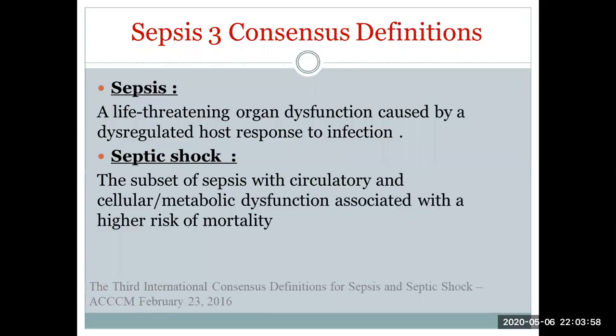They define sepsis as a life-threatening organ dysfunction caused by a dysregulated host response to infection, and septic shock as a subset of sepsis with circulatory and cellular metabolic dysfunction associated with a higher risk of mortality. That was released in February 2016.